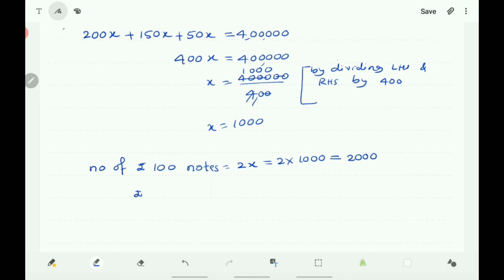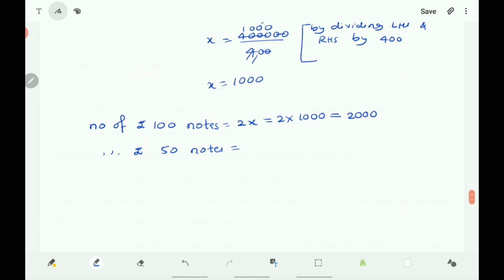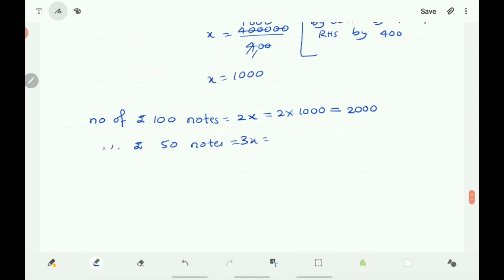Next, number of 50 rupees notes. Here it is 3x. 3x means that is 3 into 1000, that is equals to 3000. 3000 50 rupees notes are there.